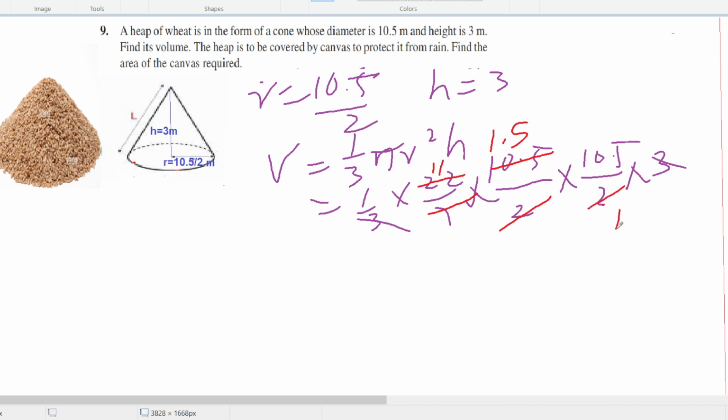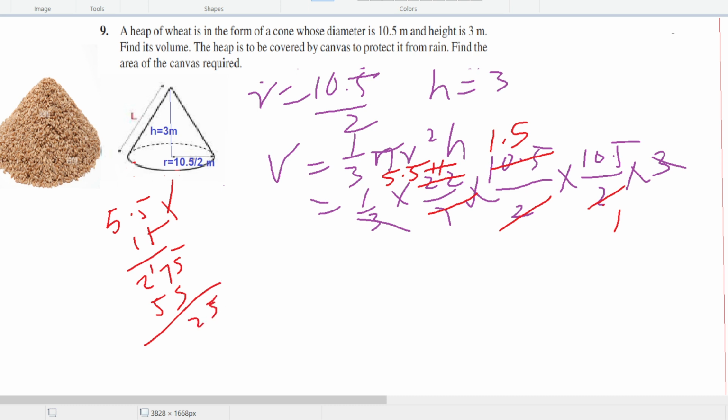This 2 will go 1 time in 11, 2 will go 5.5 times, right? And 5.5 into 15 gives you 825. When we put the decimal point, it will be 2 digits after the decimal point, right?